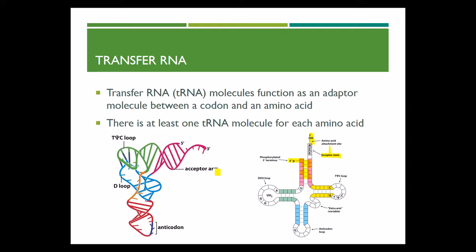The amino acid itself is going to attach to the 3' end of the transfer RNA. We also can see that there are other base pairing stems that occur, which result in forming several different loops.